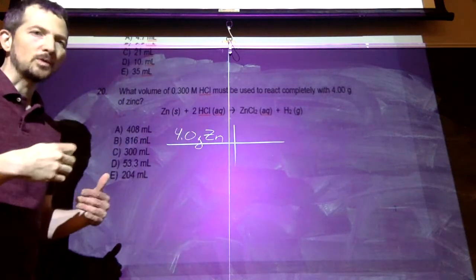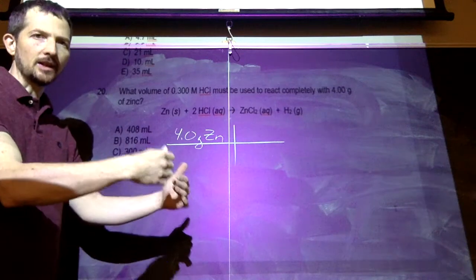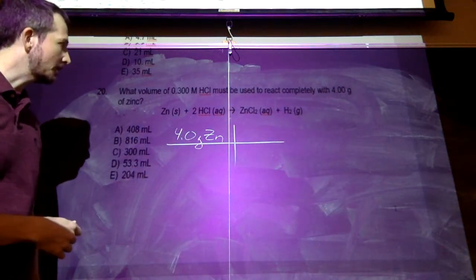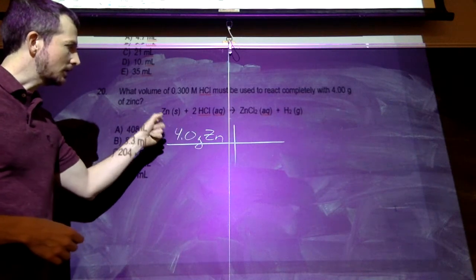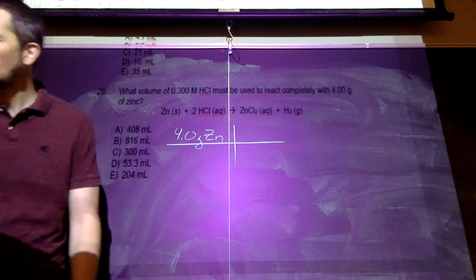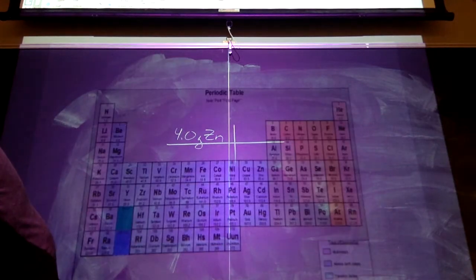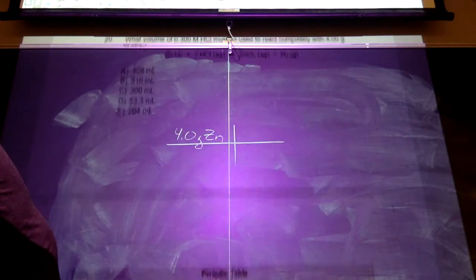So I'm going to go from zinc to how much HCl. So I'm going from one compound to another compound. So I need to use my balanced equation, which is in moles. So I need to use my molar mass. So I'll look up zinc in the periodic table, 65.4.